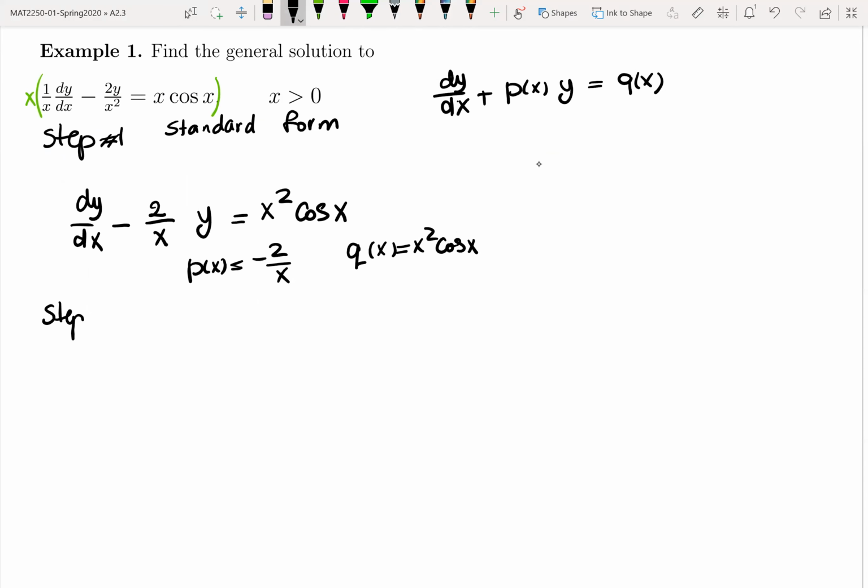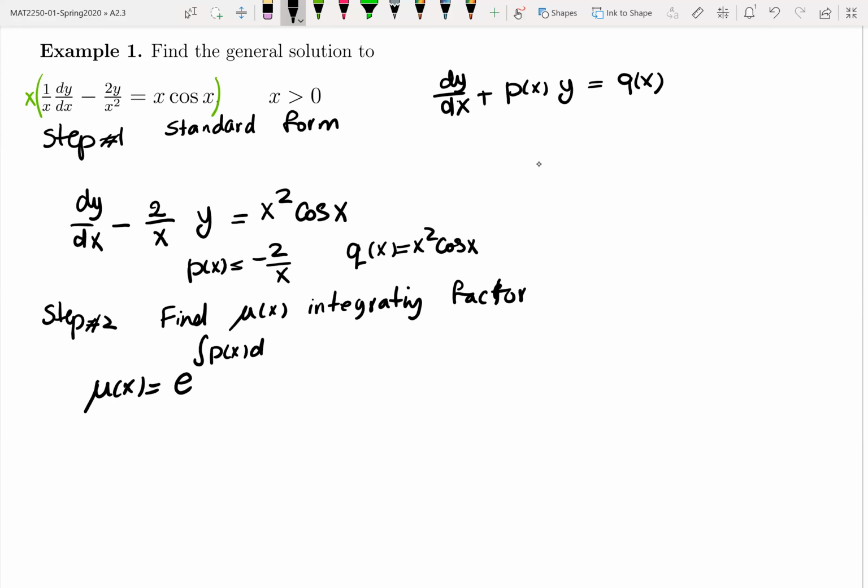Then I have step number 2, which is to find the mu, which we call the integrating factor. That has a formula. Mu is e to the integral of p of x dx, which is e to the integral of negative 2 divided by x dx.